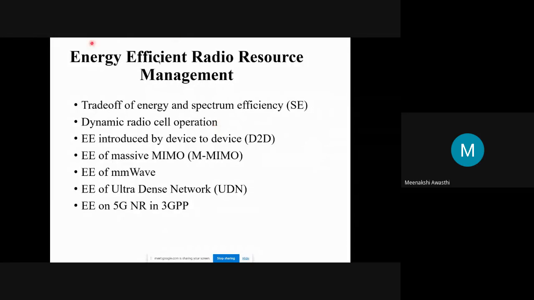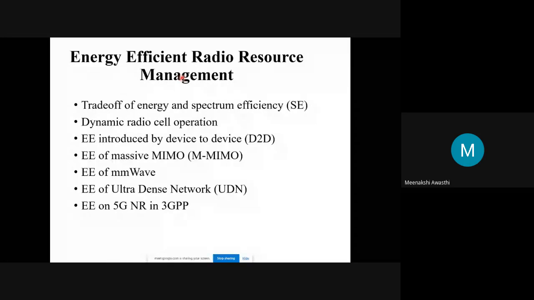Given that the energy consumption of the radio access network accounts for more than half of the overall energy consumption of mobile networks, much work has been done to reduce the energy consumption of the RAN through dynamic cell operation.